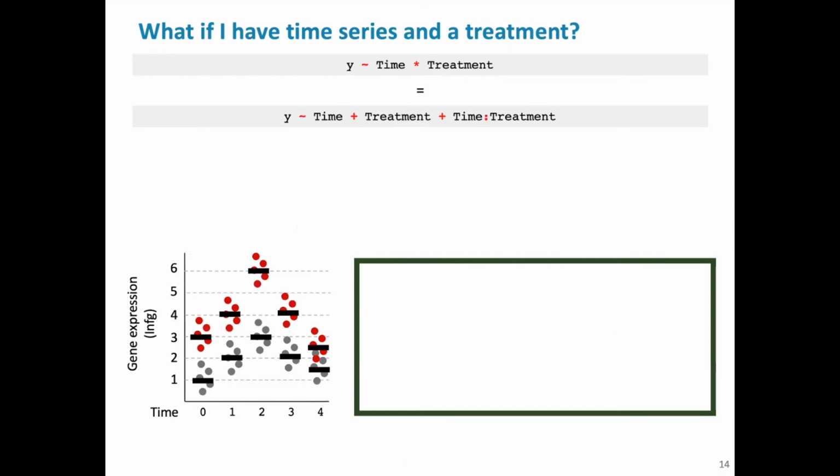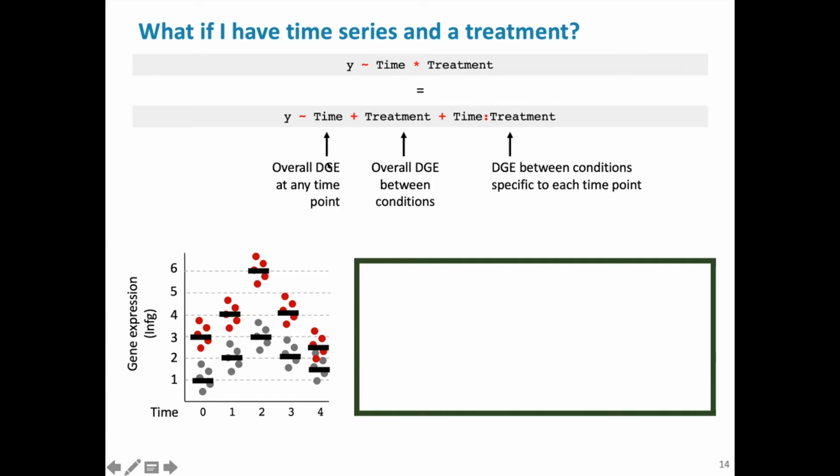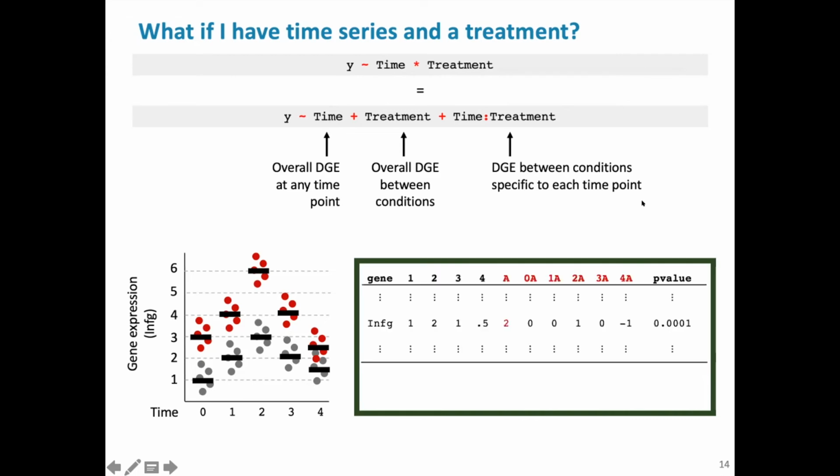But now, what if I have the time series and a treatment? And I saw that many of you also have that kind of interaction. So then it will be exactly the same thing, time times the treatment, which is exactly the same as the time, the treatment, and the interaction between them. So overall differential gene expression at any time point, the gene expression between the conditions, treated or not treated, and the differential gene expression per time point, specifically to that time point.